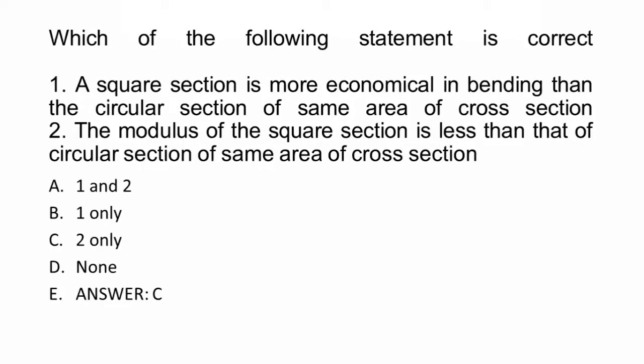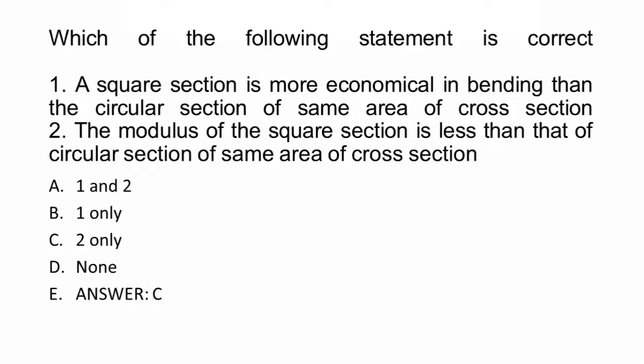Now, modulus of square section and modulus of circular cross section of same area. So it all depends upon modulus of section, I upon y. So you compare I upon y for both the cross sections. If you see, BD cube by 12 will be I value for rectangular cross section.